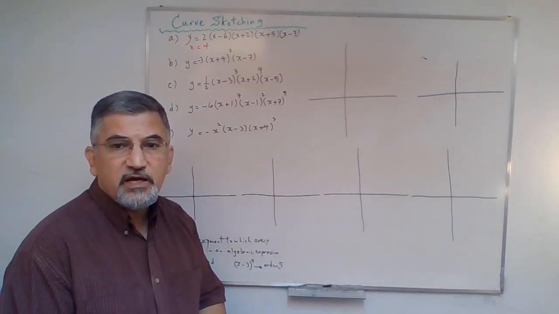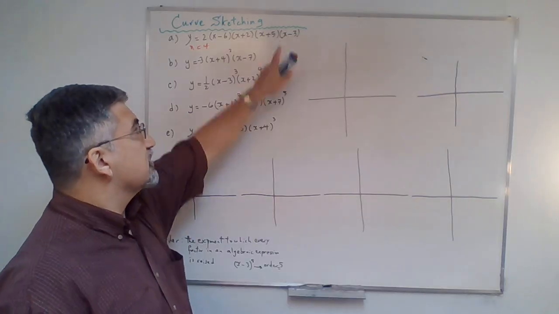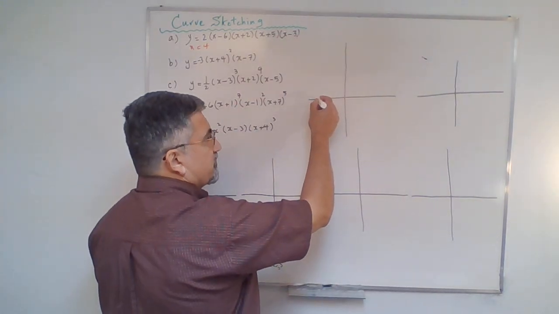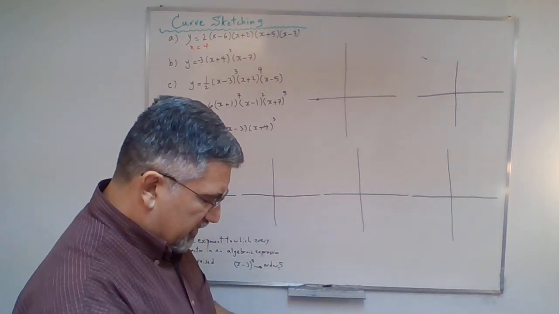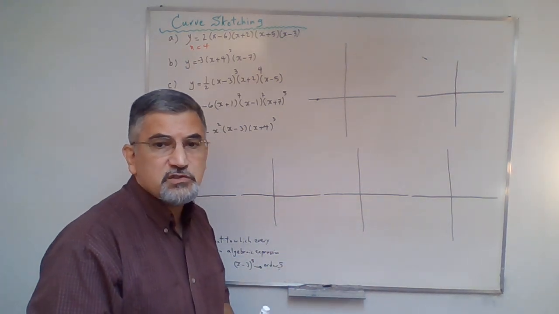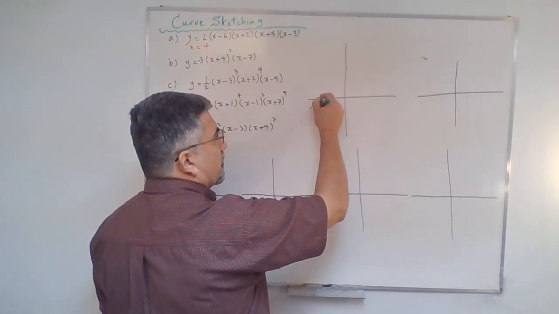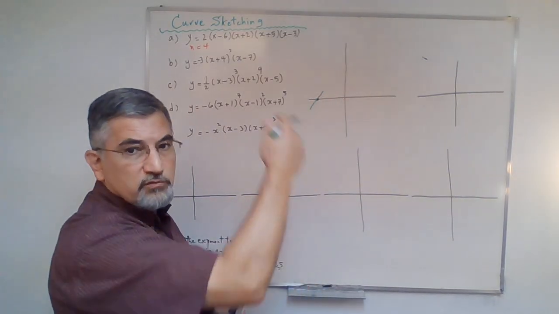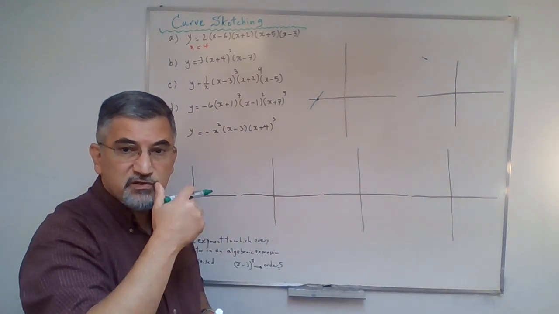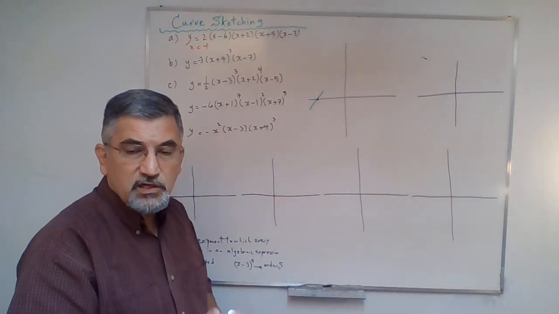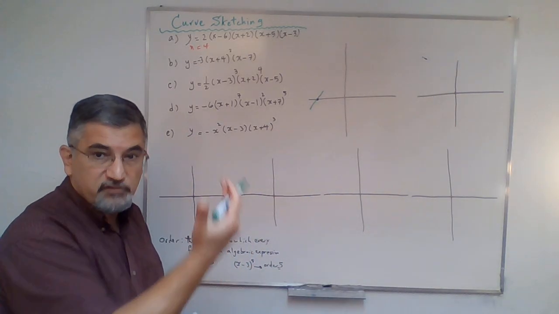If you have an order of 1, such as x minus 3, for example, at the 0 of the function, wherever it is, what is happening is a simple crossing, okay? Either you go from bottom to top, or from top to bottom, depending on the end behavior of the graph. But it is a simple crossing with order 1 for the factor.